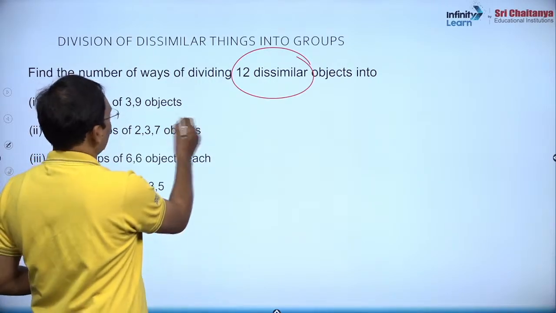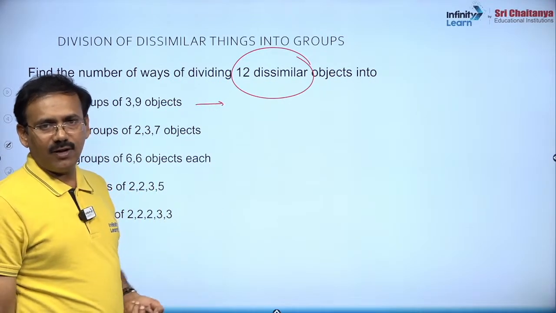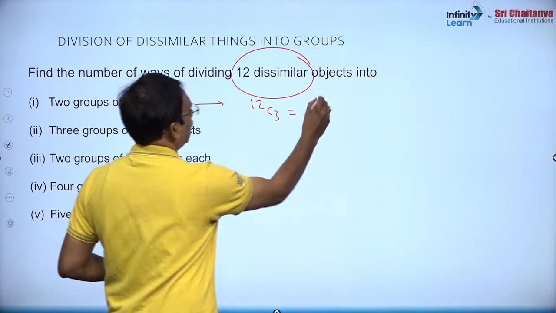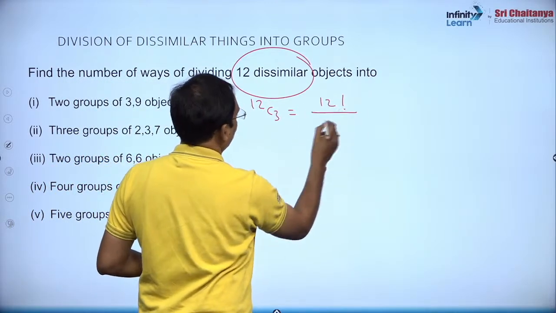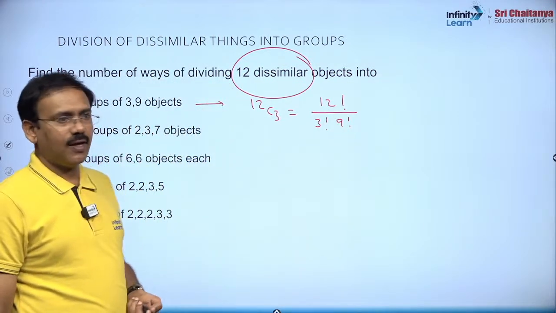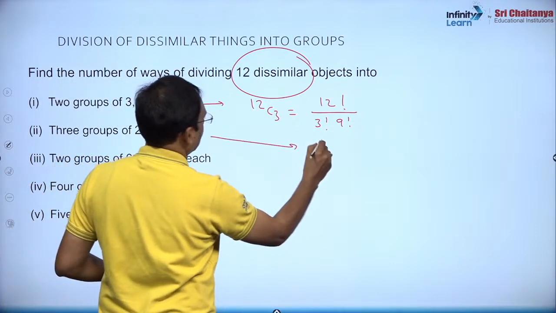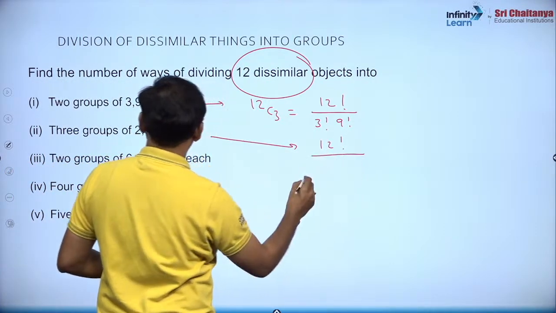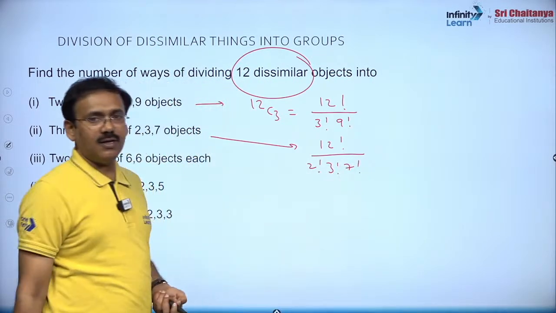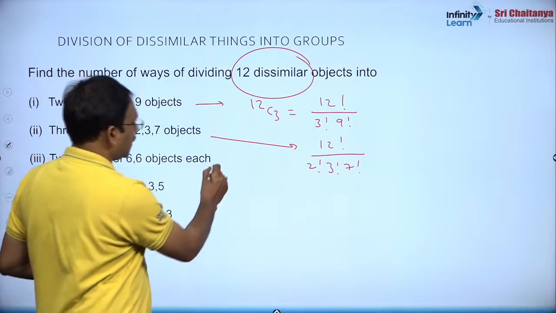When these 3 and 9 are different numbers, the answer is actually 12C3. The answer comes like 12 factorial by 3 factorial into 9 factorial. Now 3 groups of 2, 3, 7. The answer will be 12 factorial by 2 factorial into 3 factorial into 7 factorial. Okay. So 2 groups of 6, 6 each.